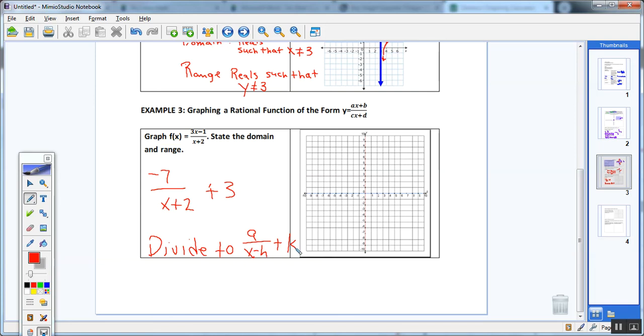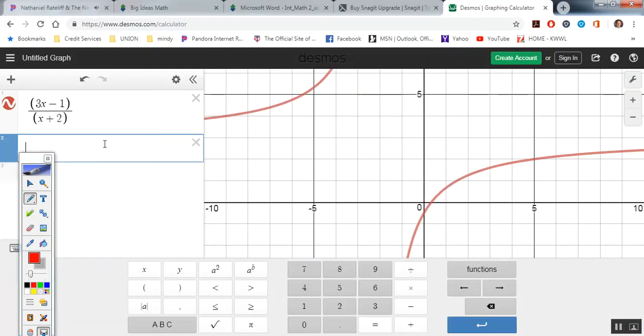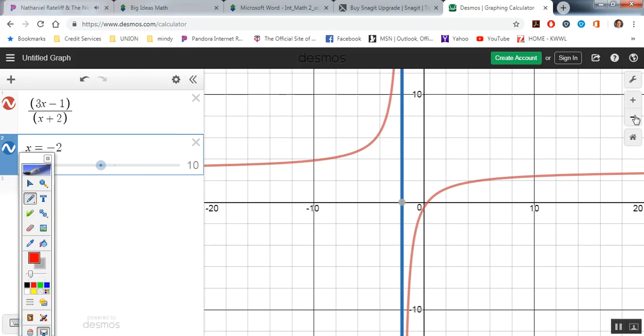At what value? The vertical one would be at, not +2, but -2. Okay, so let's check my graph on this. If I put in x equals -2, does it look like I might get an asymptote between those if I keep zooming out, kids? That looks pretty much right, doesn't it?